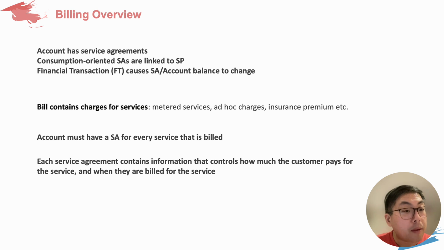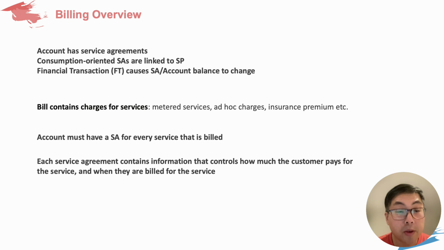And then we talk about the account must have a SA for every service that is billed, which means if you have a service to be billed, regardless whether it's consumption based or it is one-off charge or it's a recurrence charge, but not consumption based, they all need to have their own SA.